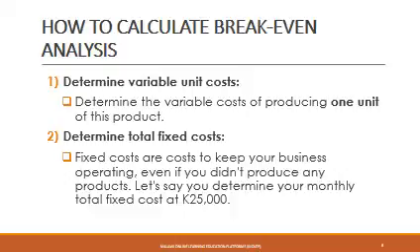Another important thing, you need to determine the total fixed costs. Fixed costs are defined as the cost to keep your business operating even if you didn't produce any product. So let us say you determine your monthly total fixed costs at 25,000. For example, as a farmer growing maize for sale, you need to calculate all the fixed costs which have helped you to produce that yield.